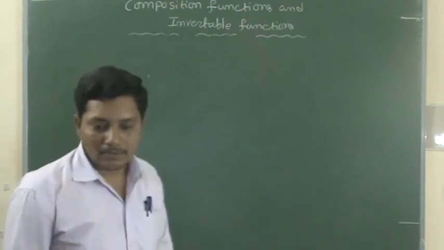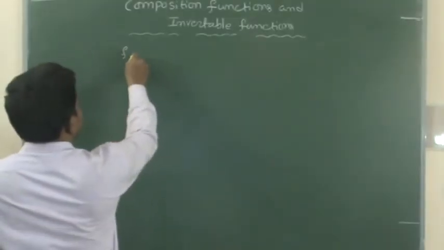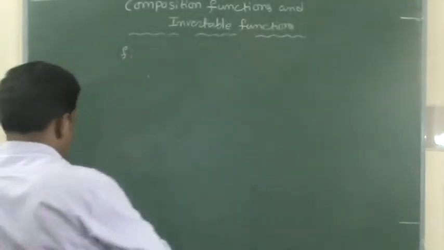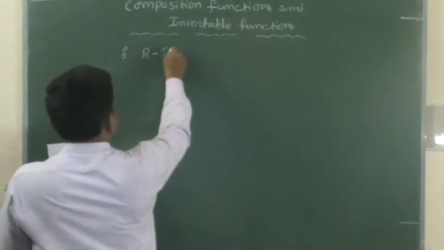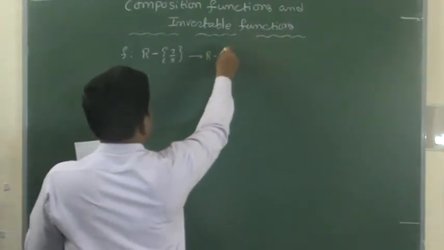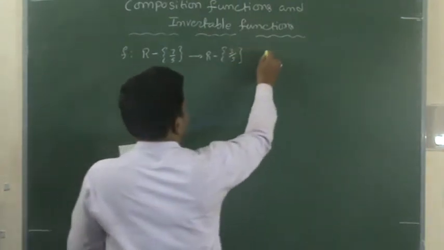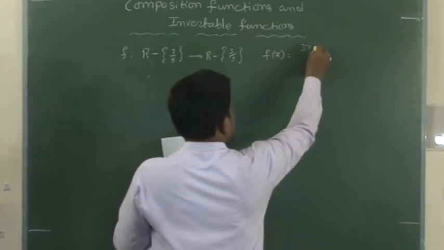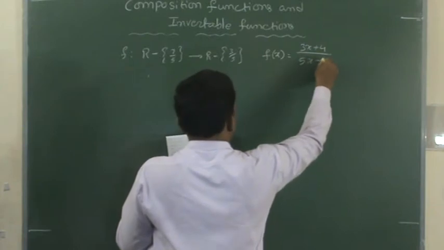So what is the next problem? In your 17th problem, f is a mapping from r minus 7 by 5 to r minus 3 by 5 with f of x equal to 3x plus 4 by 5x minus 7.